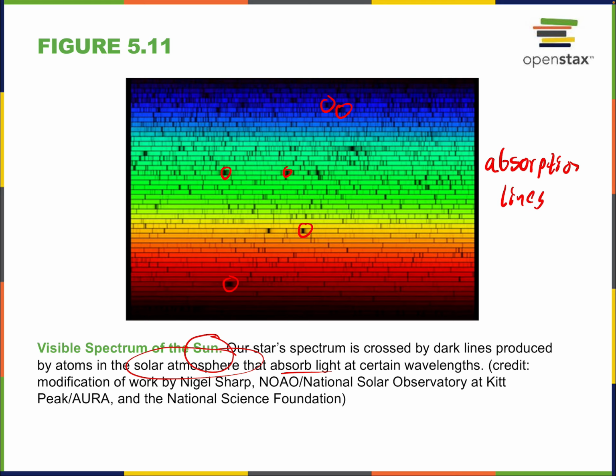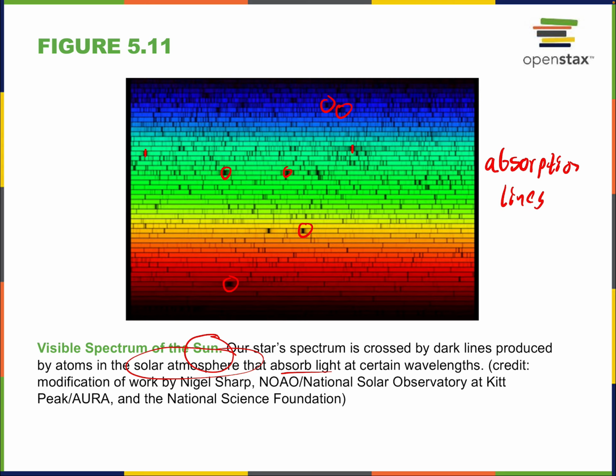It gets absorbed in the atmosphere above the surface of the sun, the sort of solid part of the sun, the super hot plasma surface of the sun. Above it are gaseous, non-plasma gases and atmosphere of sorts that absorbs a lot of particular wavelengths of light. And we can tell exactly what wavelengths are getting absorbed due to the little missing bands.